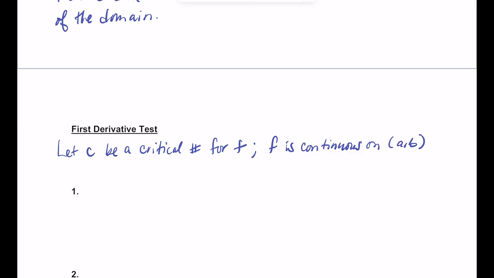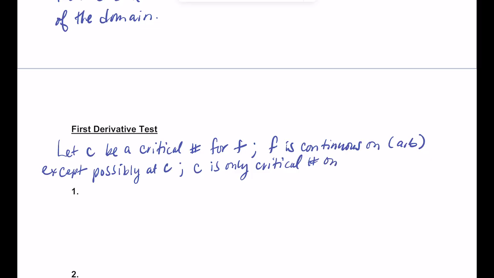We looked at continuity back when we were looking at limits, except possibly at c. And c is only a critical number on this open interval (a, b). So you're only looking at that interval.